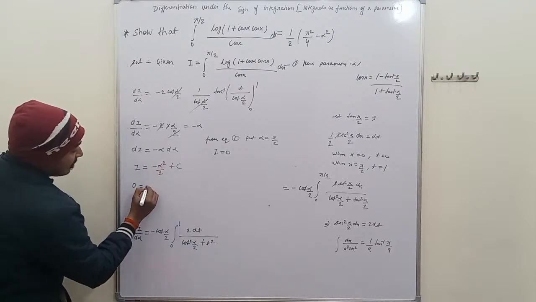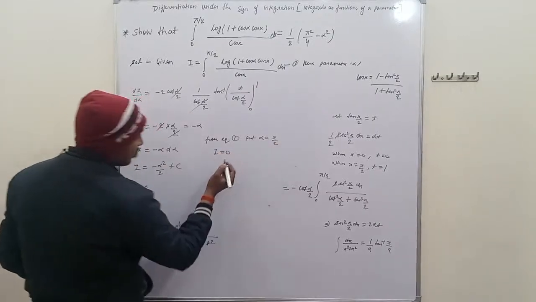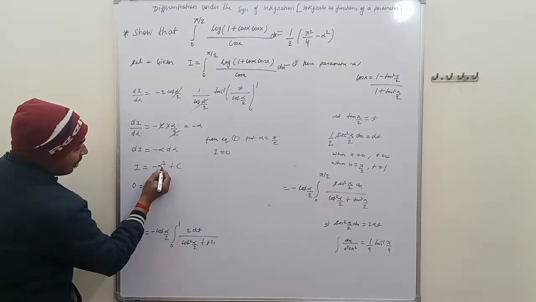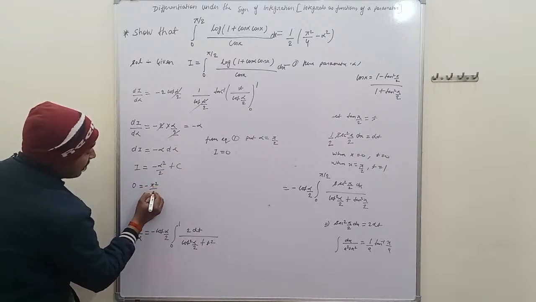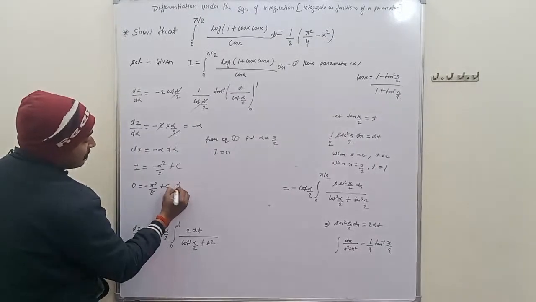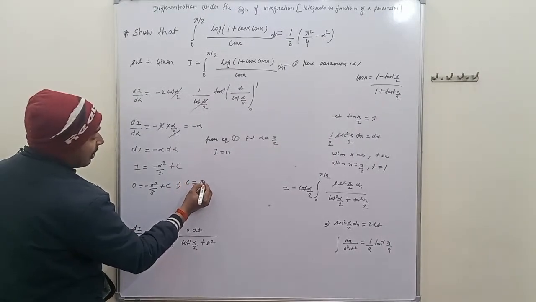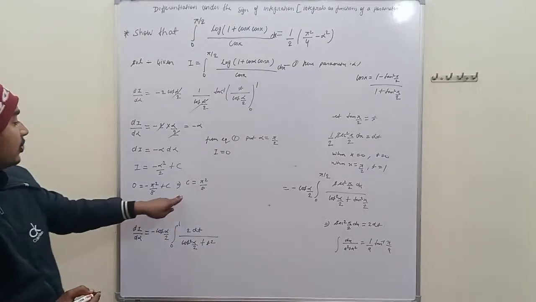The minus is already present here, and alpha square we put as pi square by 4, and pi square by 4 upon 2 is pi square upon 8 plus c. From here we get the value of c, that is c is equal to pi square upon 8, and again we put the value of c here.